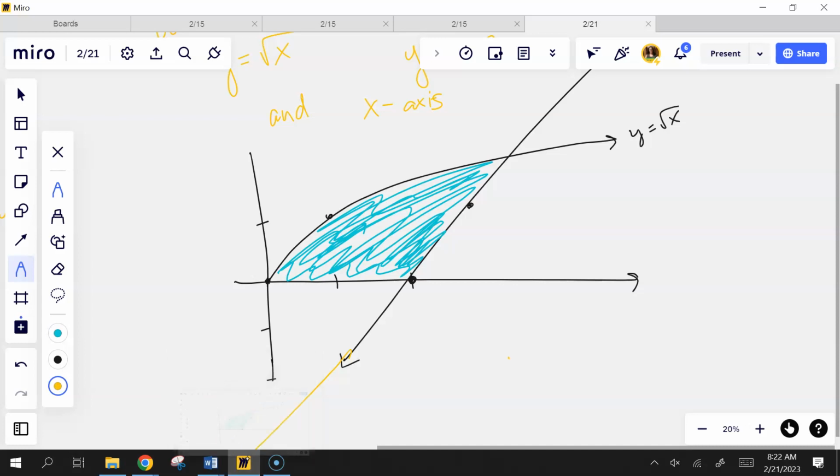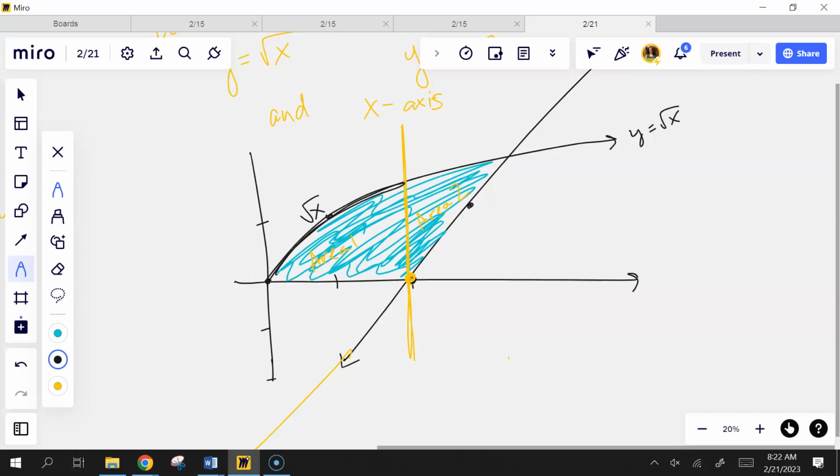I don't want to pick that up. So what I'm going to do is I'm going to cut this function here. And I'm going to find two different areas. I'm going to find area 1 and I'm going to find area 2. Do you see why? Because here, this is just square root of x, right? There's no other function.